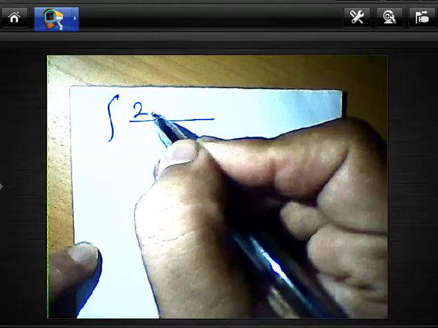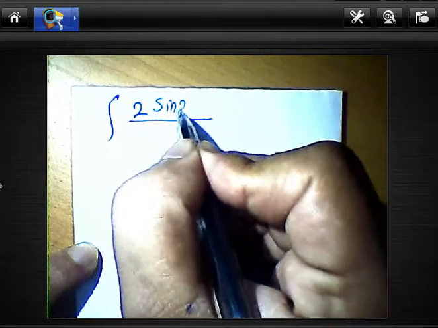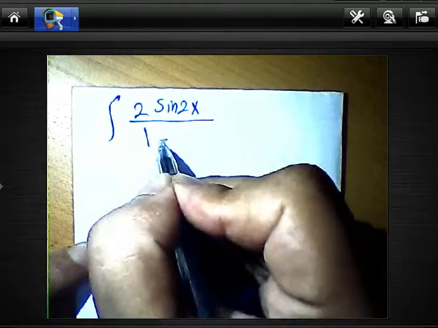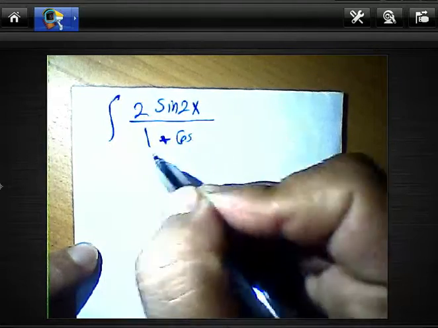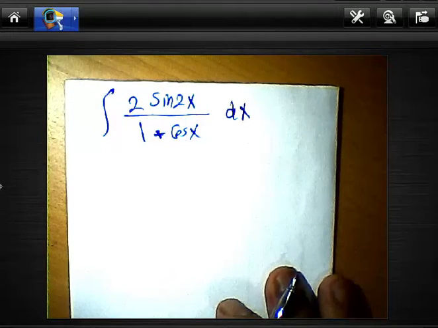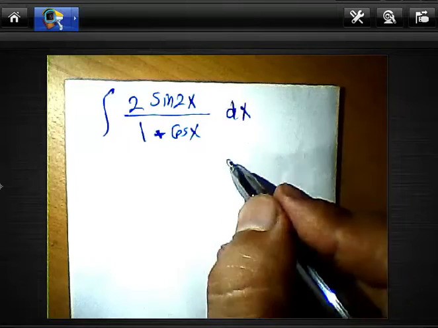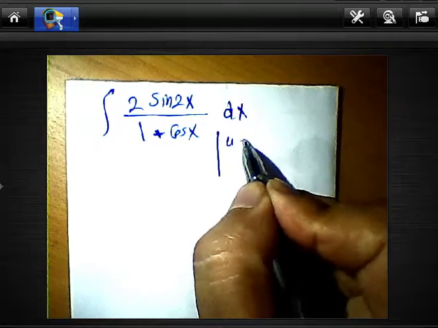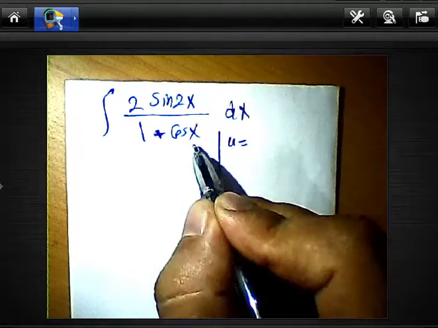Look at another example. We need to find the integral of 2 sine 2x over 1 plus cosine x dx. Who can solve it? You can solve this example by putting u equal 1 plus cosine x.